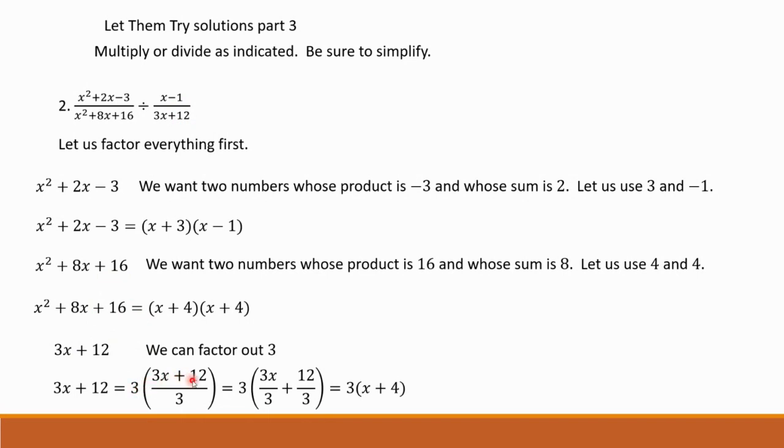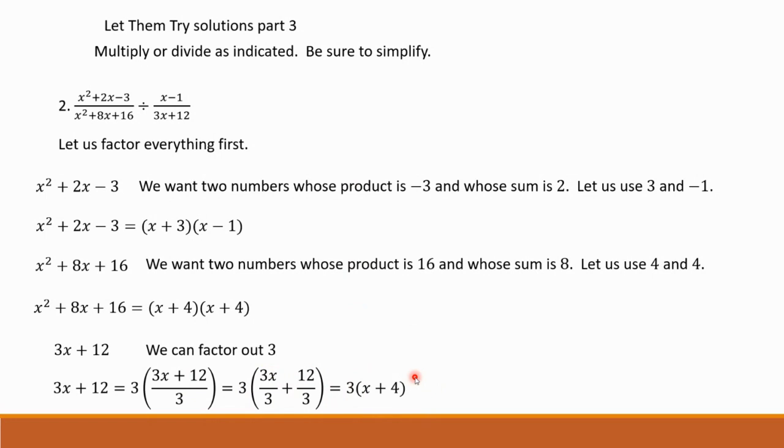We have 3x plus 12, right? And we're dividing by 3 to see what's left over. And we divide 3 into each term, right? As you can see. So we have 3 times 3x over 3 is x. 12 over 3 is 4. So we get this. 3 times x plus 4.